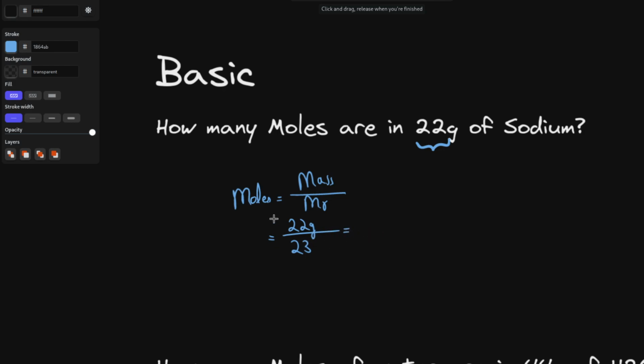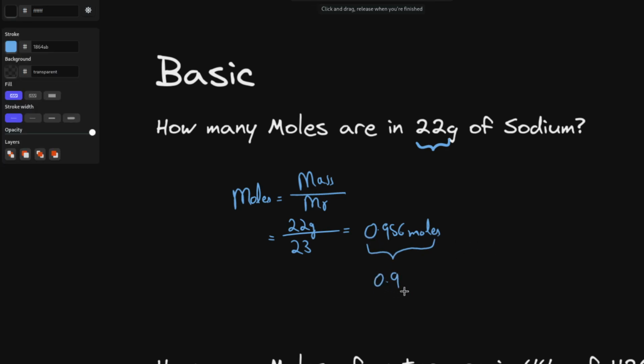This will give us the answer in moles, and that will be approximately 0.956 moles.